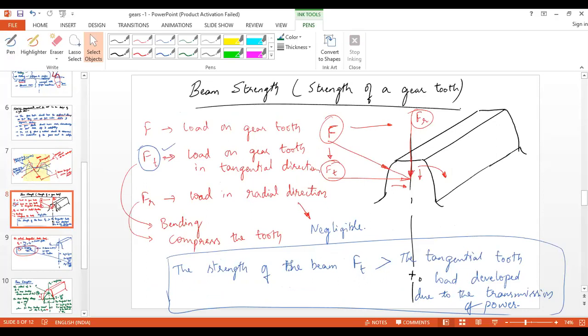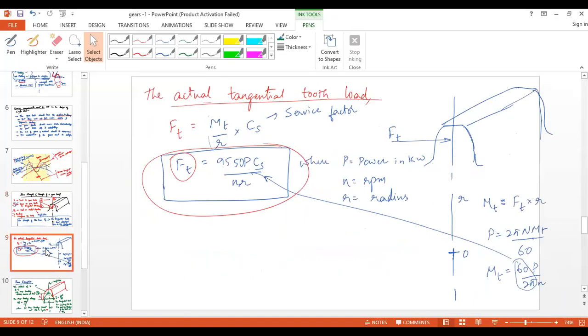So we know that the gear tooth can fail due to bending and due to pitting, that is the surface pitting. Now we have considered the first one, that is the bending, and we studied the actual bending load acting on the beam, that is one single gear tooth, which is equal to MT by R. That can be written as 9550 P times CS by N R, where CS is the service factor, based on how long you need to run a gear.